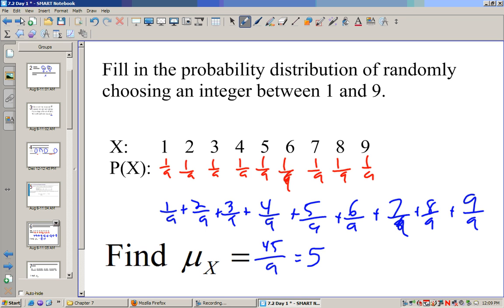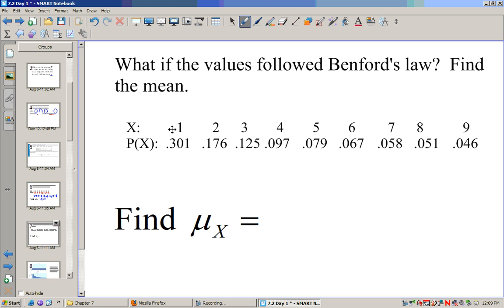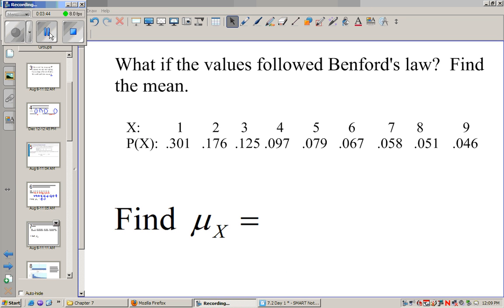Now, if we do that with this thing called Benford's law. Benford's law is a way to see that someone's cheating on their taxes. In order to do that, what we have to do is multiply all of these down and add them up. Take a second and do this on your own.